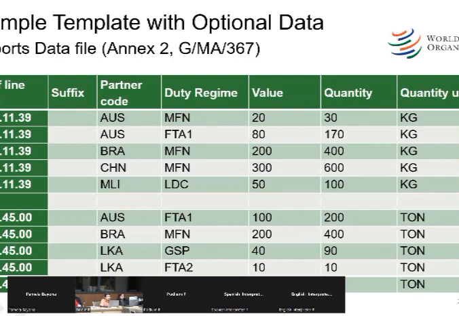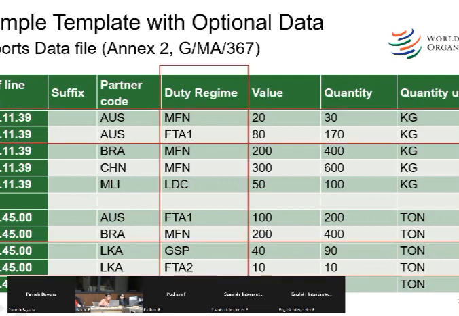This is a sample template of imports with optional data. So you can see in here, because Australia is a party to the FTA, imports from Australia can come under either the MFN or the FTA. The same thing with Sri Lanka.